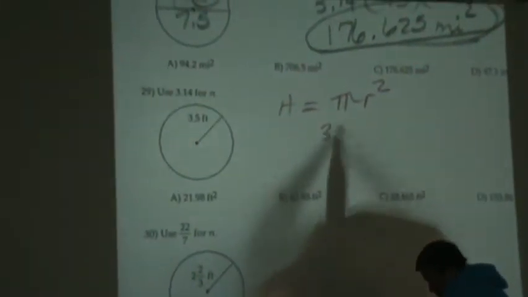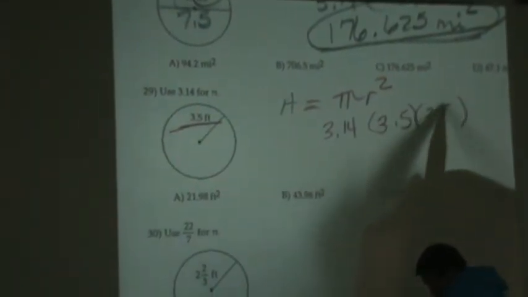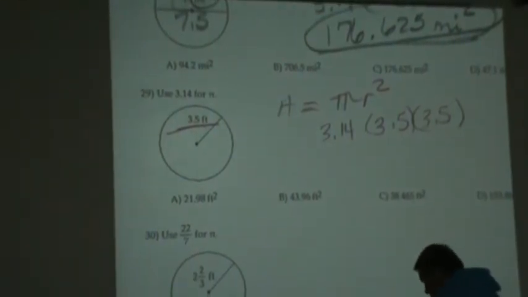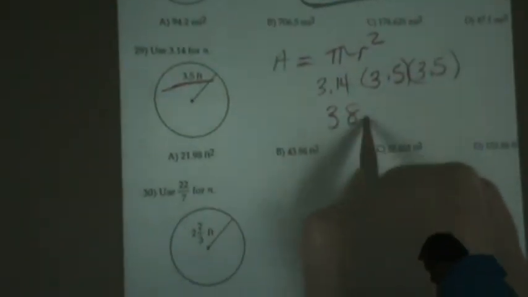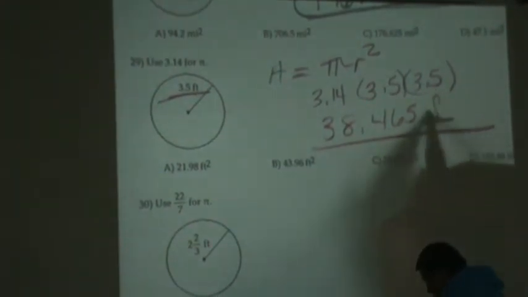Pi is 3.14. What's our radius? That is our radius. 3.14 times 3.5 times 3.5. 38.465, what's the units? Square feet.